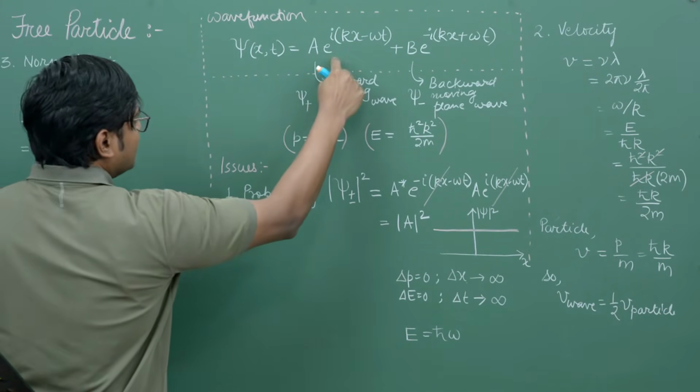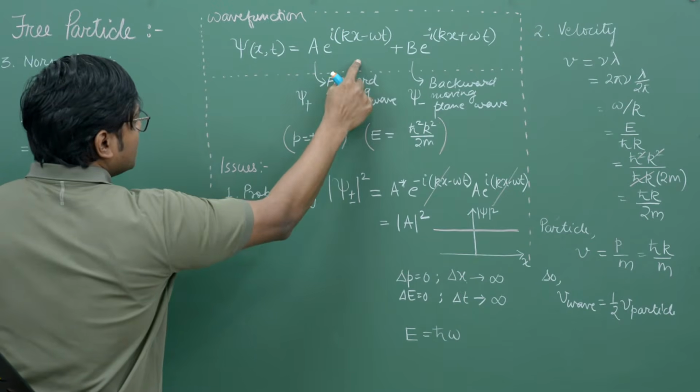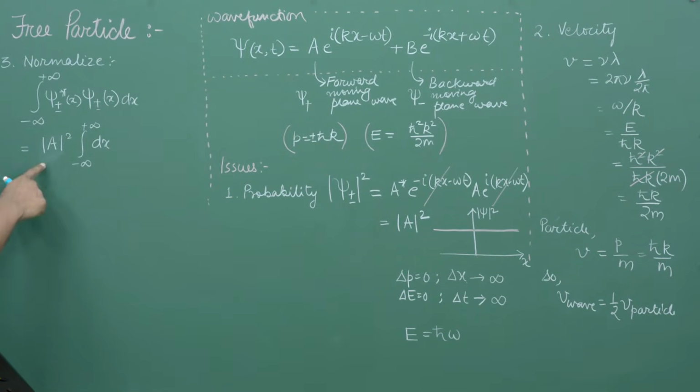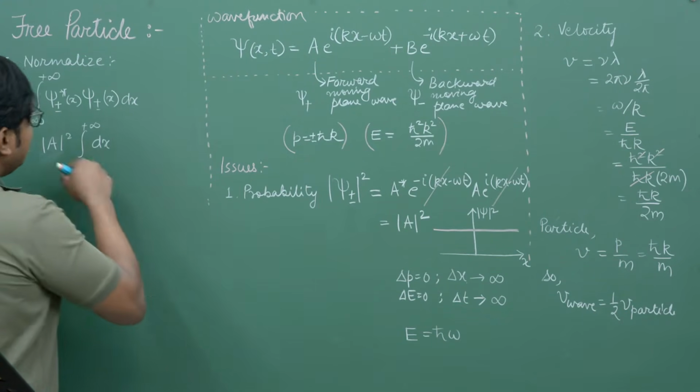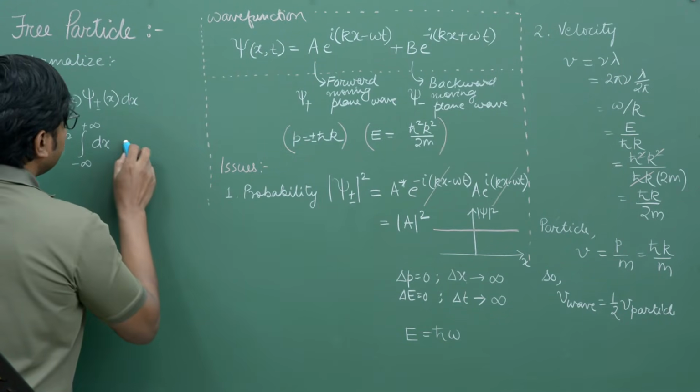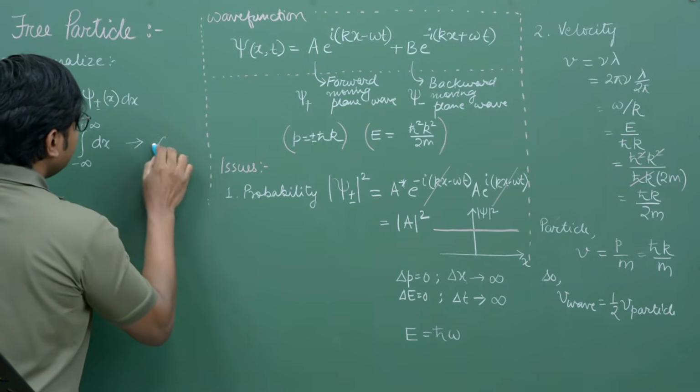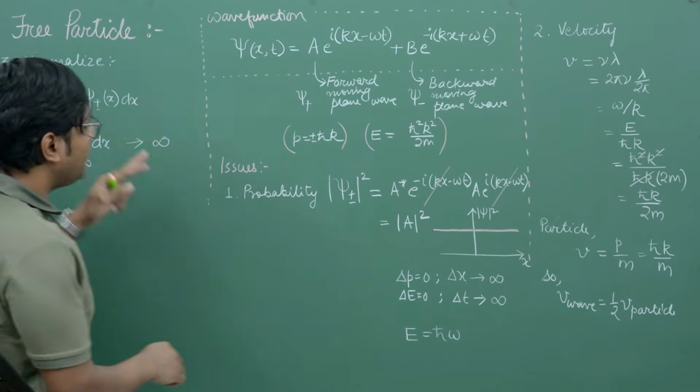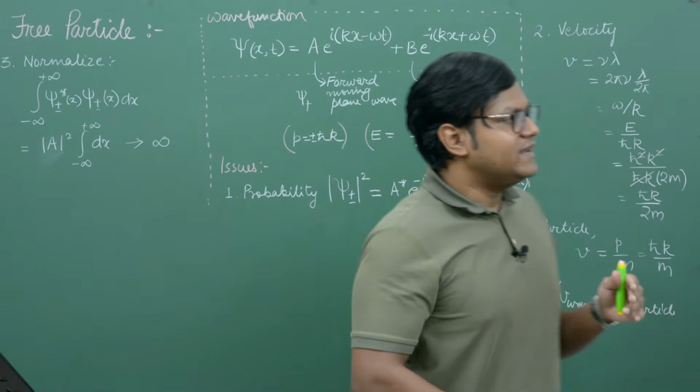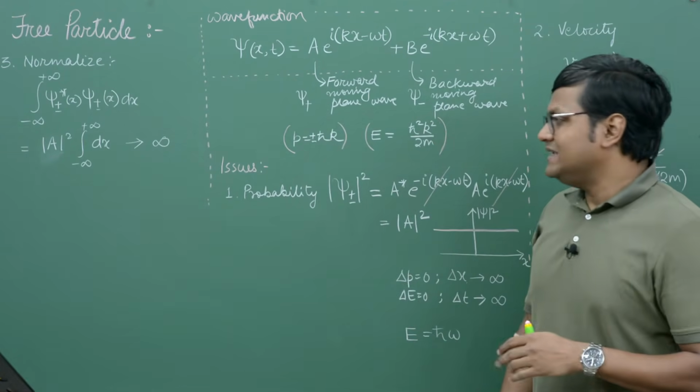Can you see that? This term and its complex conjugate will cancel out. So all that is left is a mod square. Now what is this integration of dx from minus infinity to plus infinity? This tends towards infinity. How is it possible that a probability of a particle being found between minus infinity to plus infinity is not equal to 1?